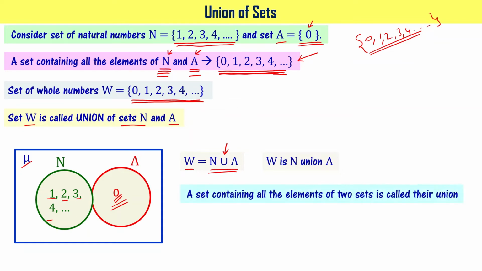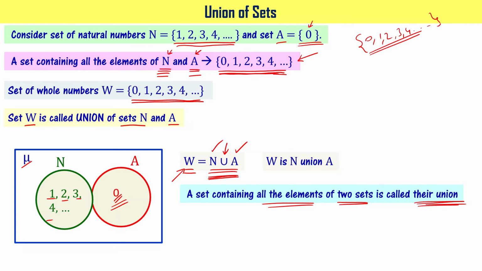So a set containing all the elements of two sets given is called their union set. All the elements of N and all the elements of A put together, you are getting a set. That set is called union of N and A. That is called W here. A set containing all the elements of two sets is called their union.